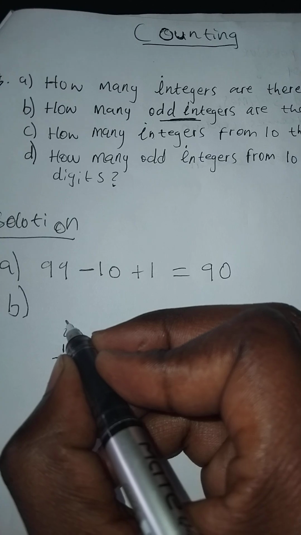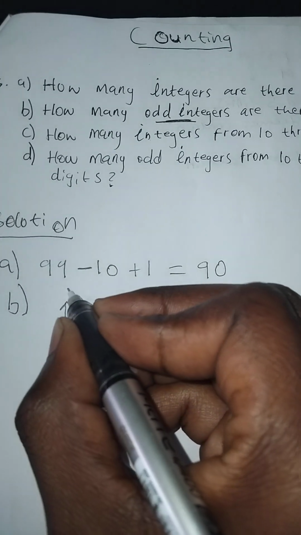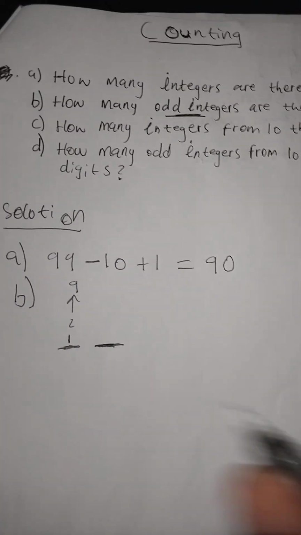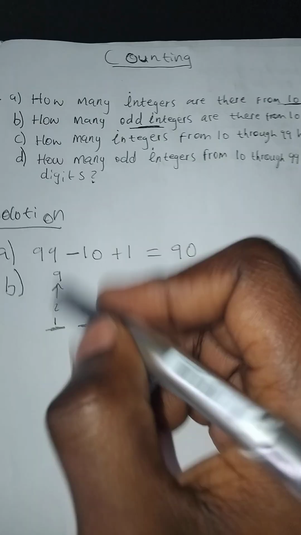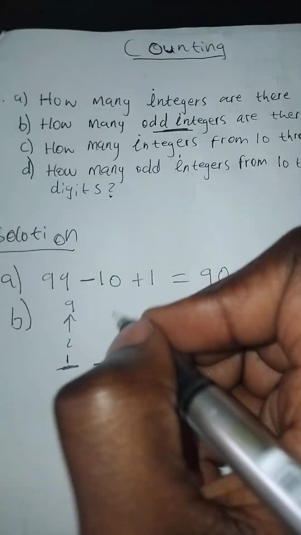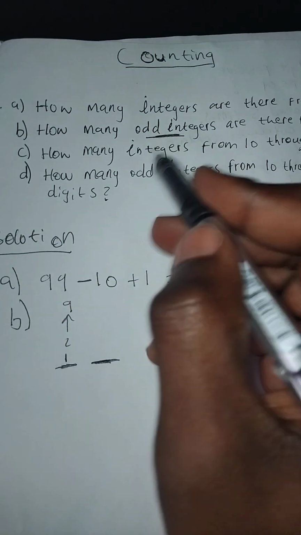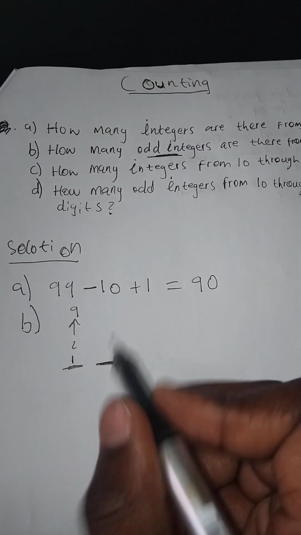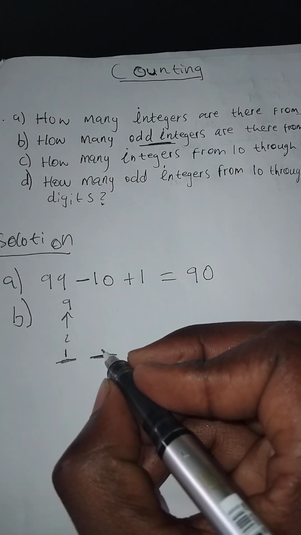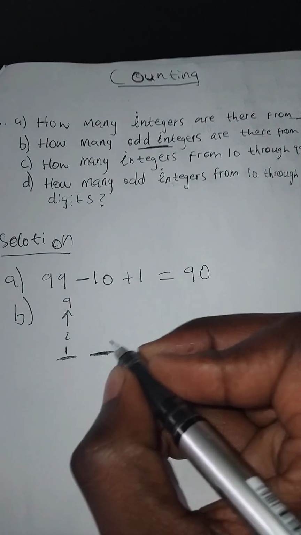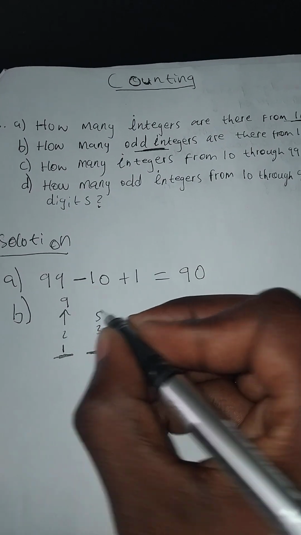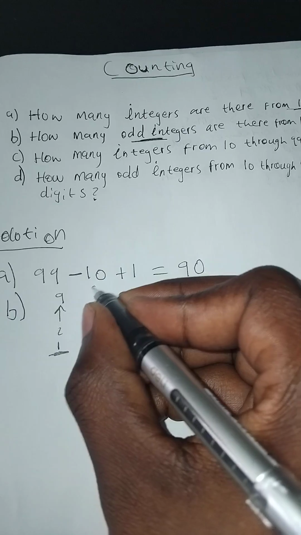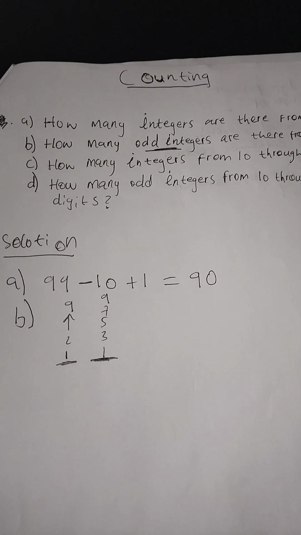So it's 1 2 3 4 5 6 7 8 9 for the first one. For the second one, since we want to make it odd, that side must be odd, so we have to have something like 1 3 5 7 9.